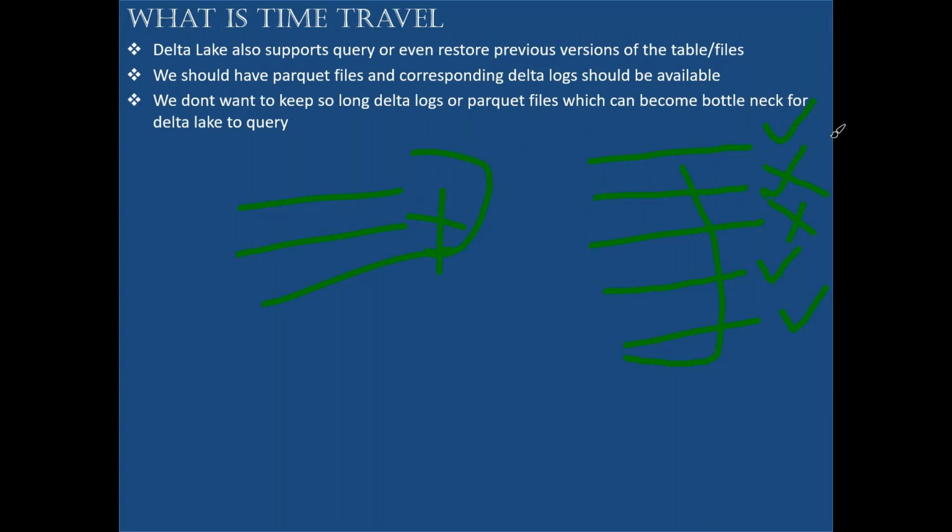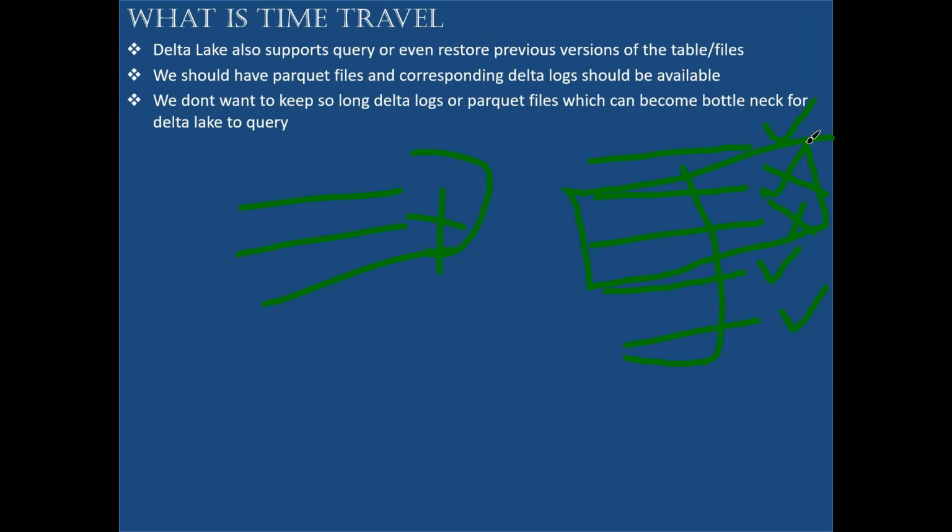Now if you see, these two files are unnecessary. We want to clean up these particular files, right? So with three records, we are seeing there are two parquet files which are unnecessary and need to be removed.